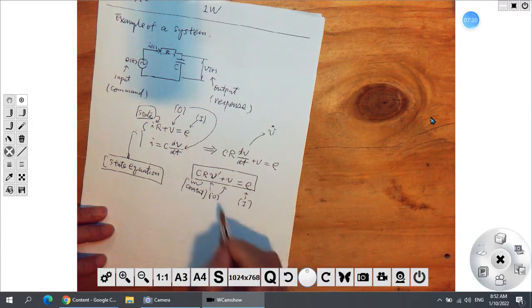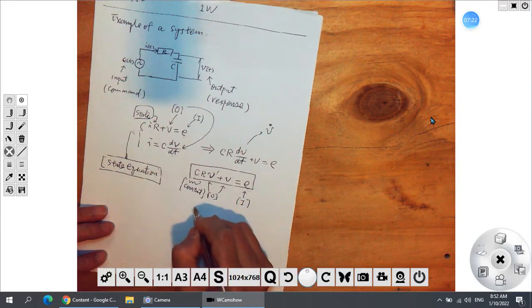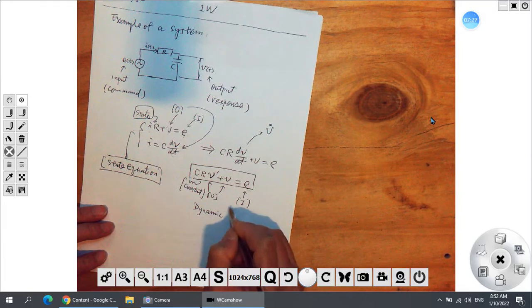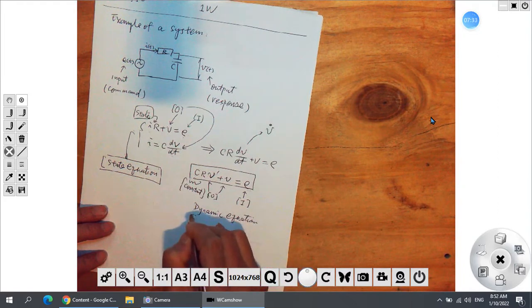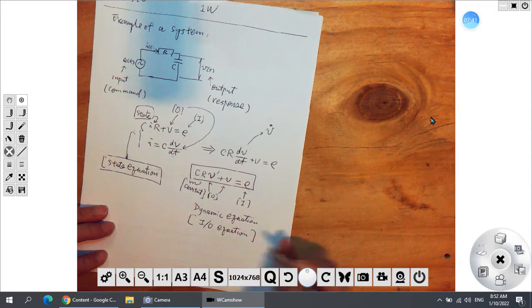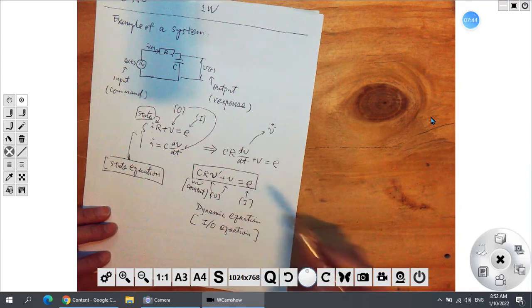So this kind of system, we call this the dynamic equation, or you can call it an I/O equation. These only contain input and output.